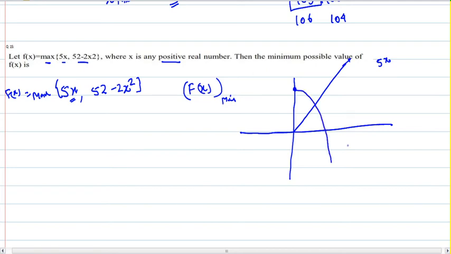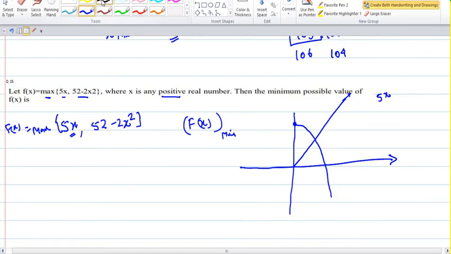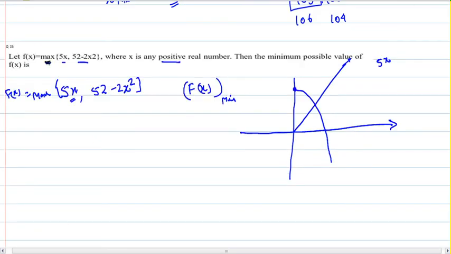I'm interested only in the positive side of the x-axis because it says x is a positive real number. Now, as we have talked about earlier, the wording outside the bracket says maxima. Maxima means the upper graph.